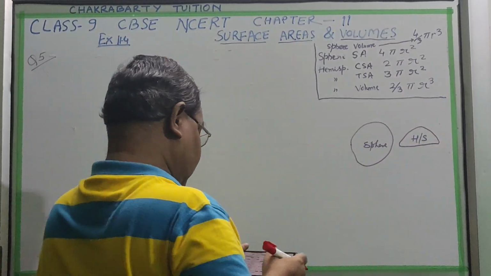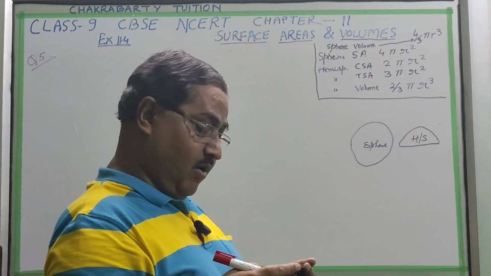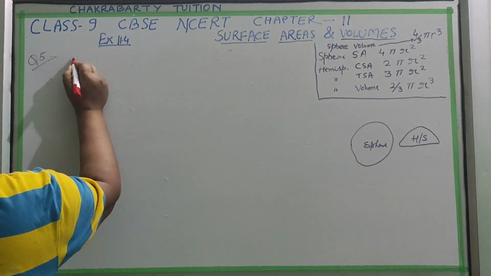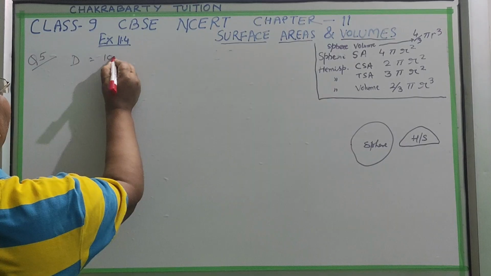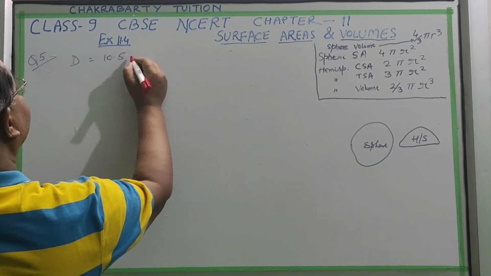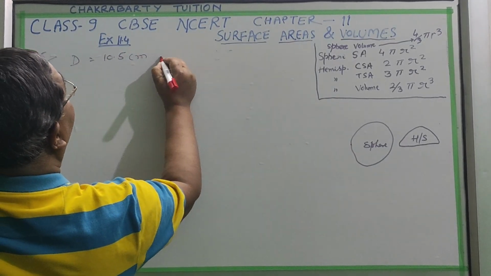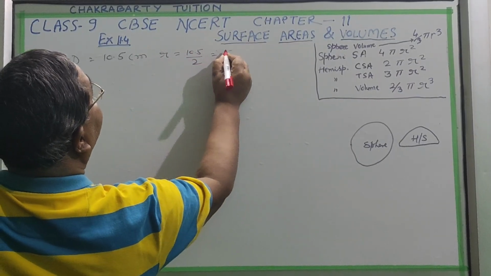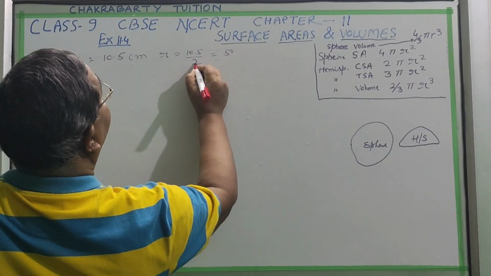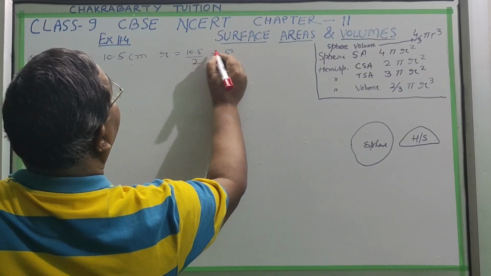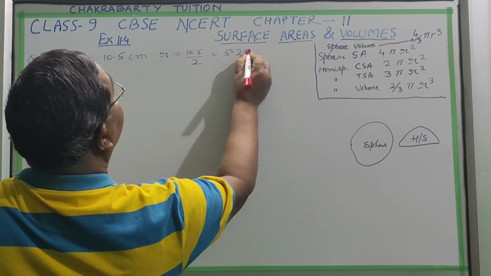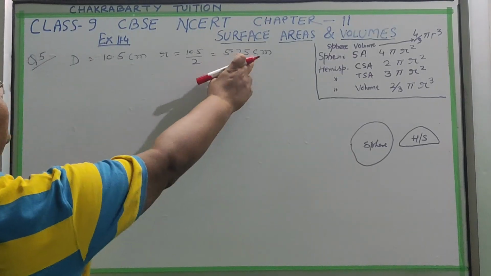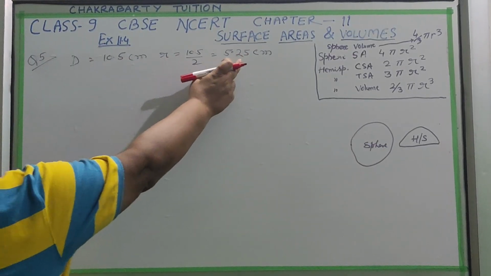So diameter is given, diameter is equal to 10.5 cm. So r is equal to 10.5 upon 2, which is 5.25 cm. Okay, this will be your radius.